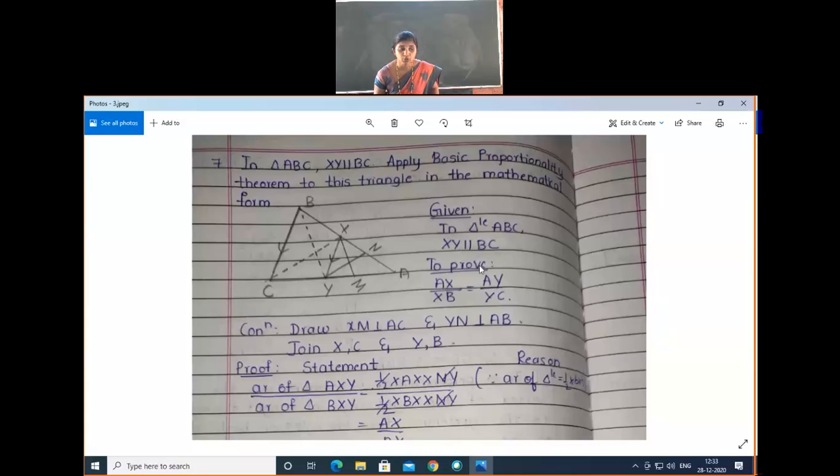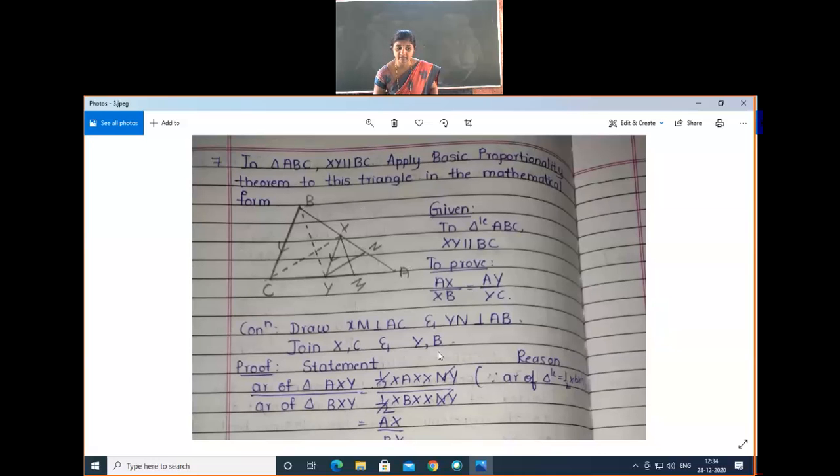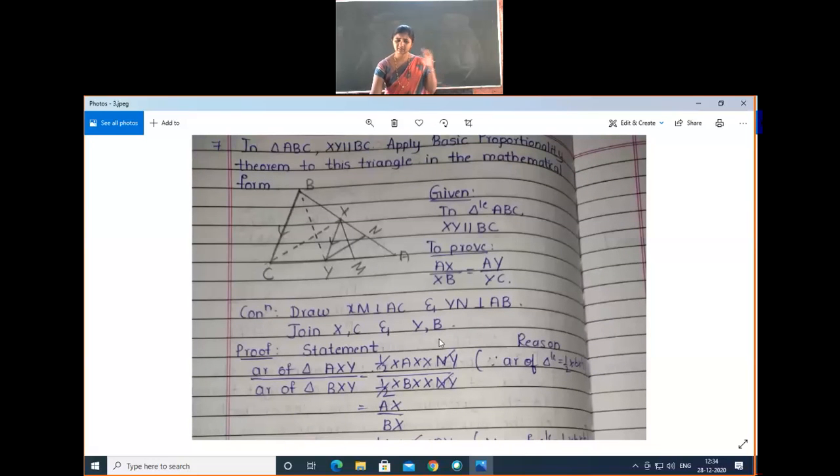To prove: AX divided by XB is equal to AY divided by CY, the same ratio for these two sides. We have to apply Thales theorem only.